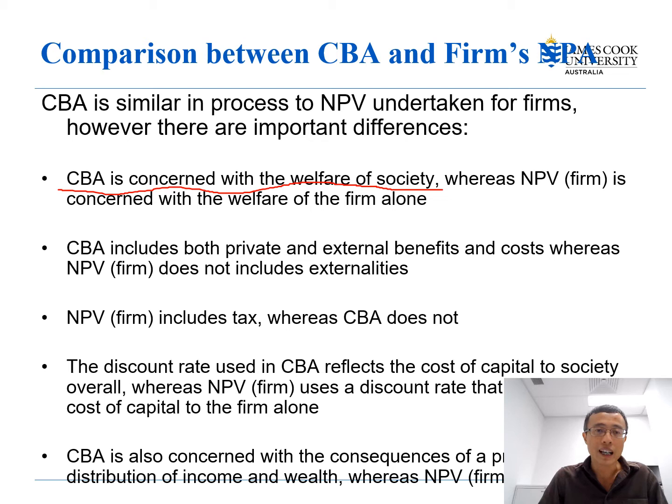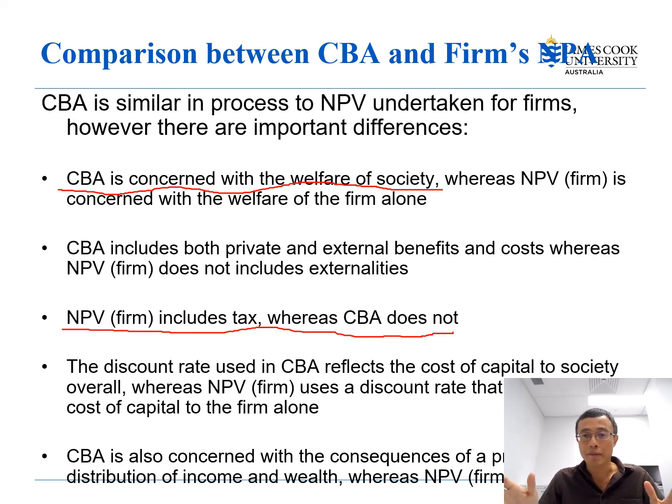And that means in CBA, we generally need to include the external benefits and costs in the project evaluation, and the firm's NPV analysis may not include these. And that also means tax, okay?